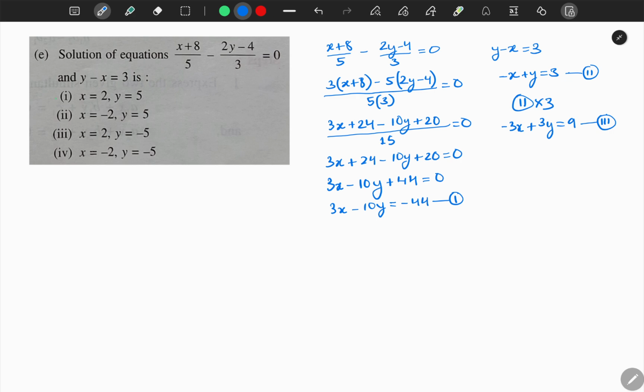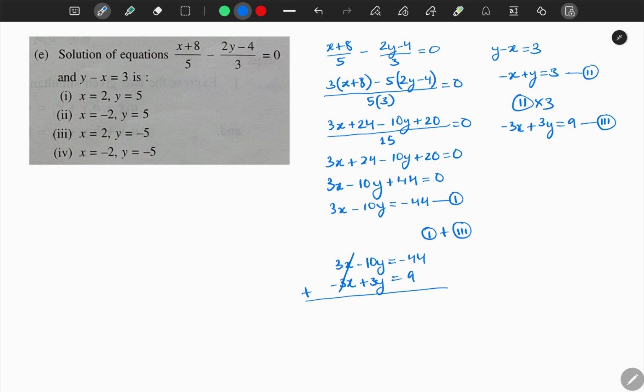Now what I observe is coefficient of x is minus 3 and here coefficient of x is plus 3. I can solve by adding the two equations. So I'll say equation 1 plus equation 3. So first I'll write down the first equation, then the third equation, add these two equations.